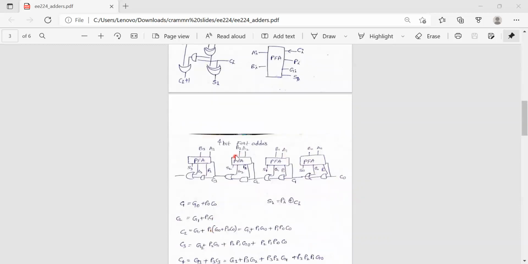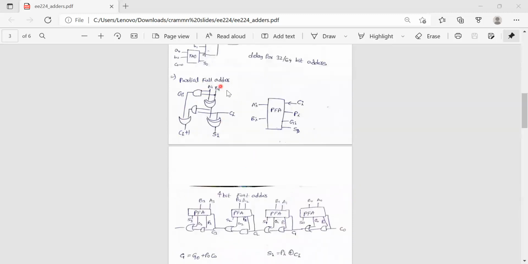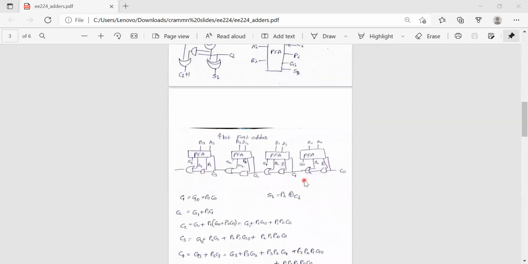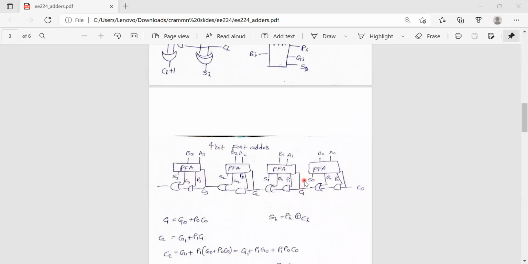If we use these partial full adders in a 4-bit adder, let's see how to use the PFA. In the PFA, we give the inputs A0 and B0 and C0 as carry.